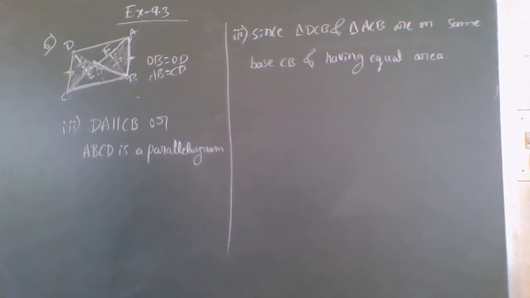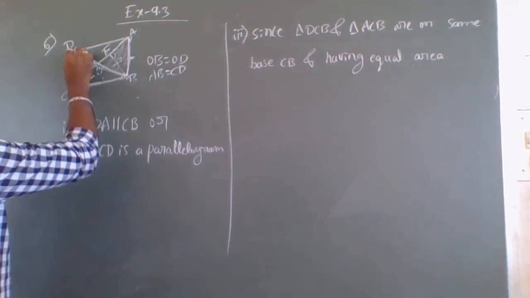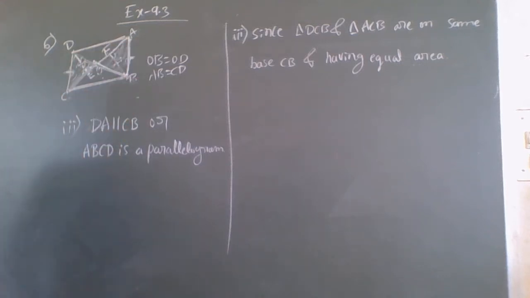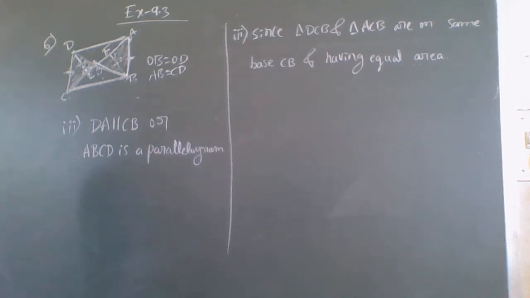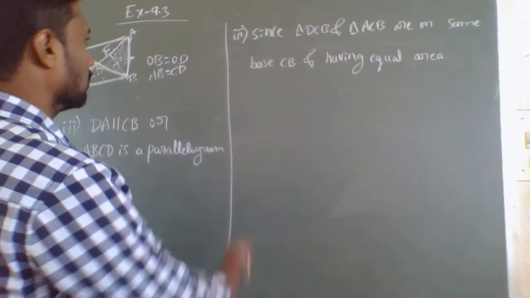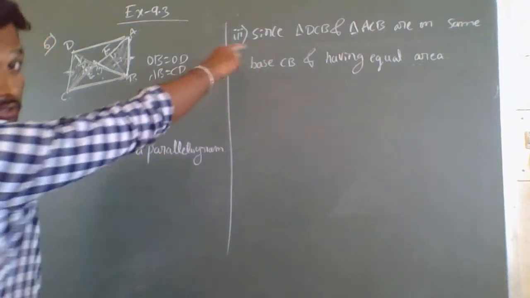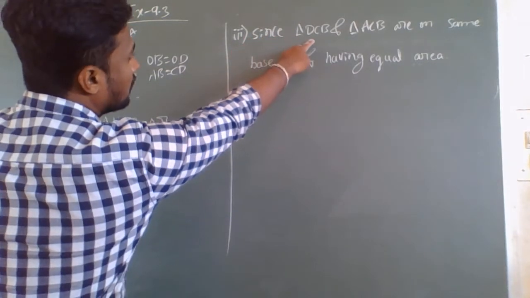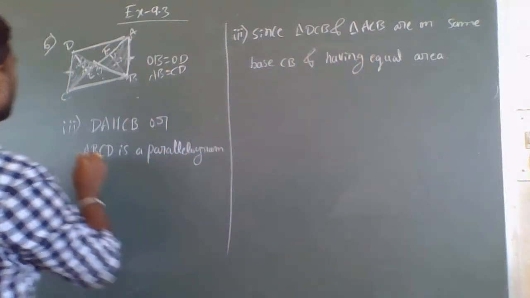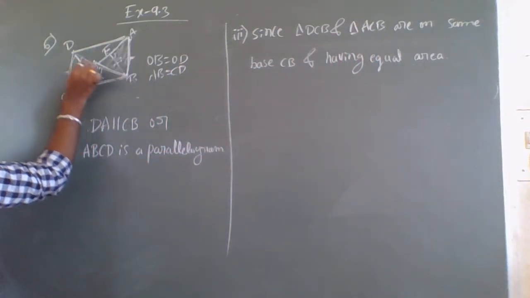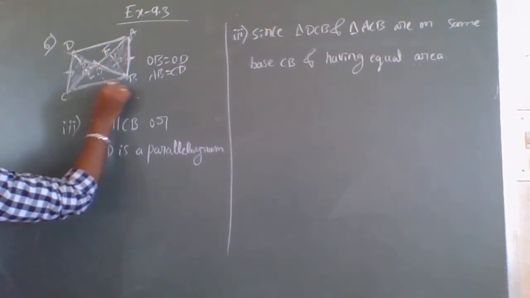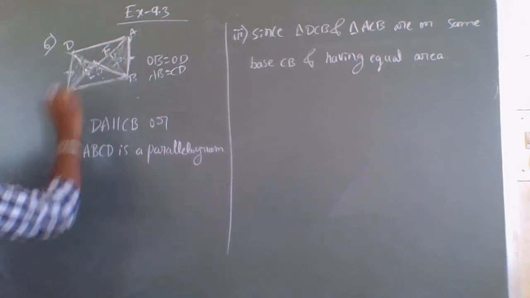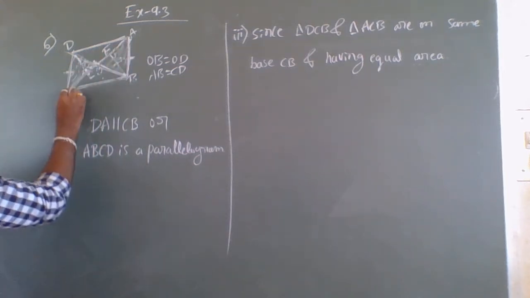In the third question, we have to prove that DA is parallel to CB, or that ABCD is a parallelogram. So here in the third question, first I will consider that DCB and ACB, DCB means this triangle and ACB, these two triangles are on the same base CB.